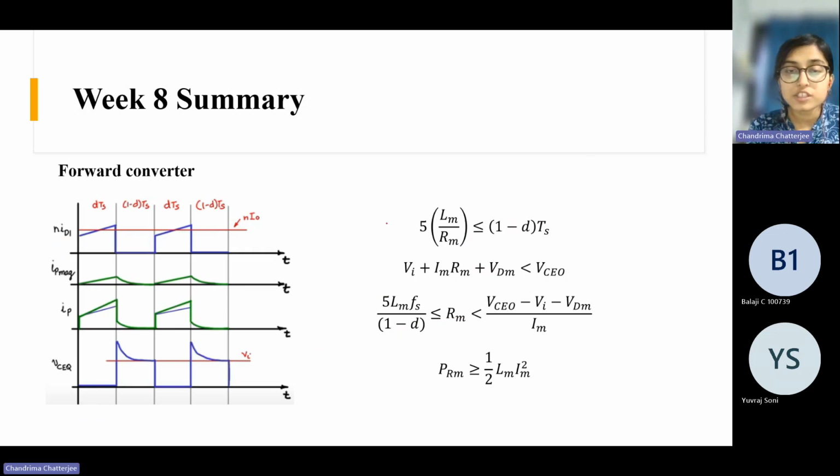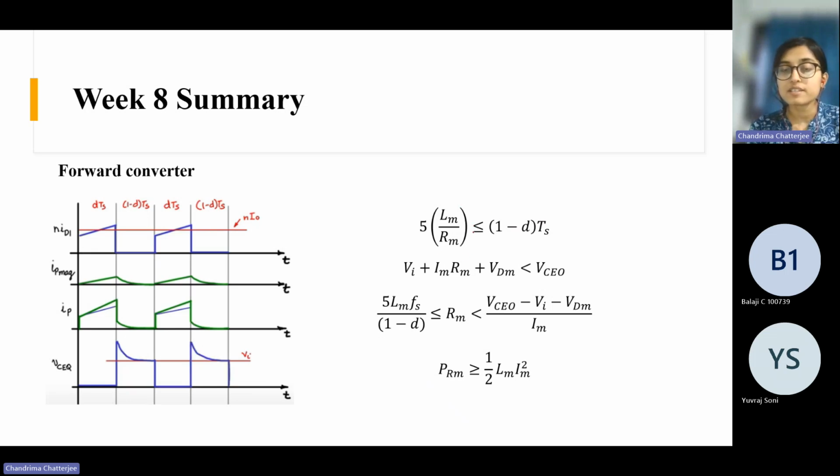So now we shall see some design equations. I told that the time constant tau is Lm by Rm, where Lm is the magnetizing inductance and Rm is the resistance that we externally put in the resetting circuit. So 5 times the time constant is roughly the time required for core resetting.